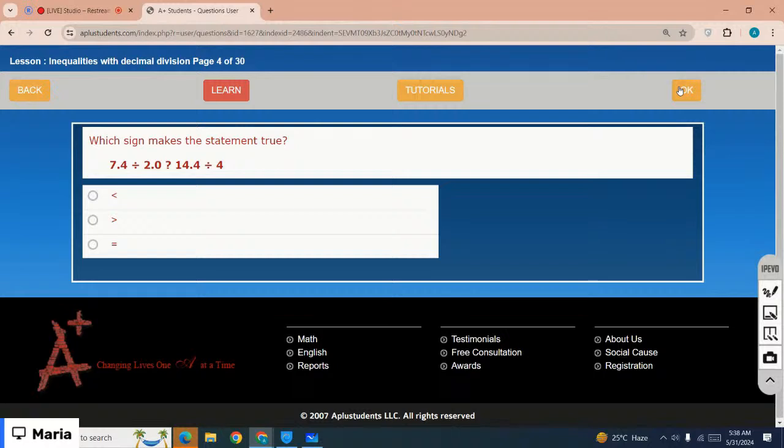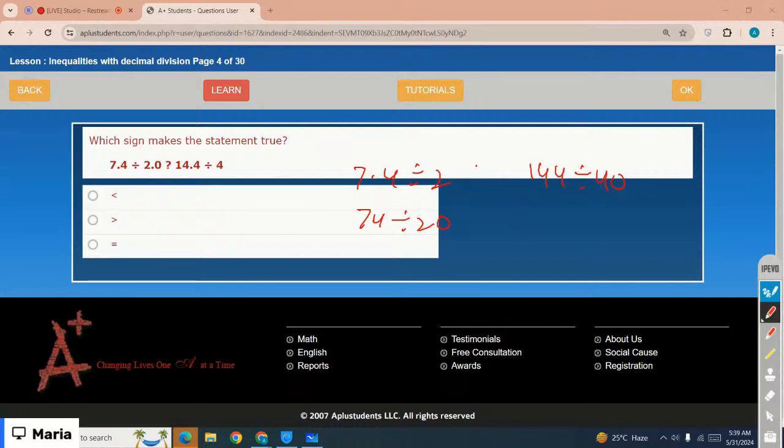7.4 divided by 2.0 and 14.4 divided by 4. Okay, let's just see. That is 7.4 divided by 2, right? So that is 74 divided by 20. And for this one, that would be 144 divided by 40. Let's just divide. 74 divided by 20 is 3.7. And 144 divided by 40 is 3.6.